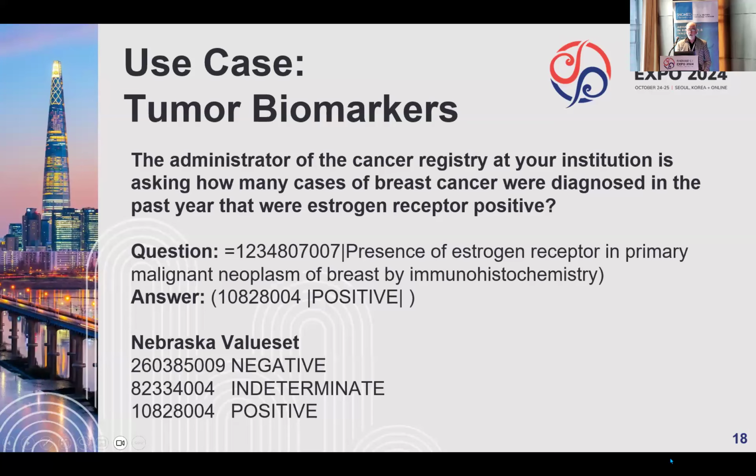The administrator of your cancer registry is asking how many breast cancer cases were diagnosed in the past year that were estrogen receptor positive. Now, this is one of a number of bits of data that are called biomarkers.